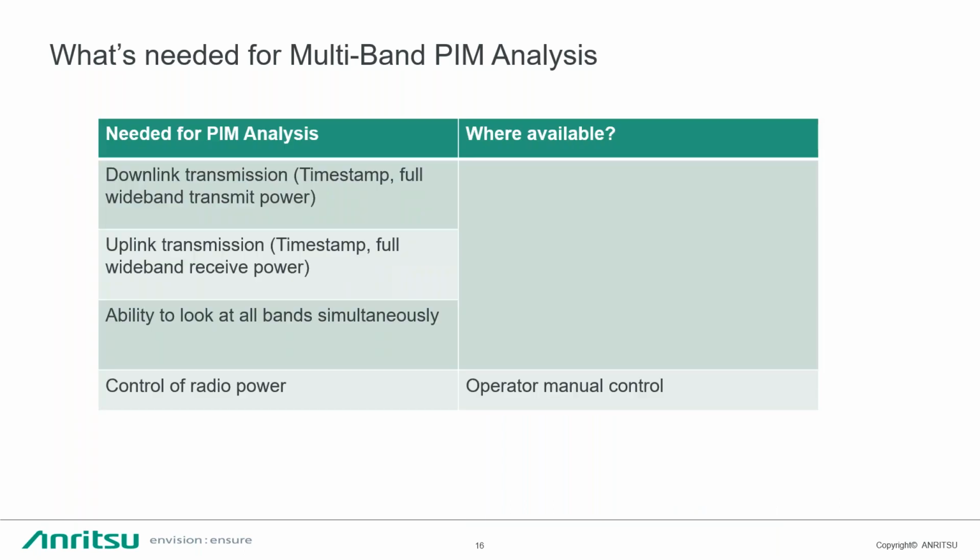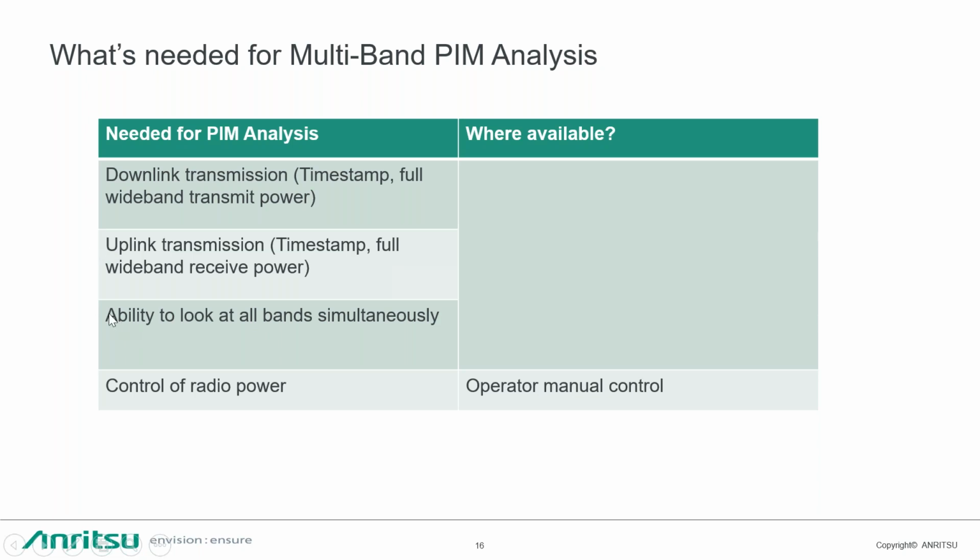What's needed for a multi-band PIM analysis, right? We want to analyze PIM, and we want to answer the questions of how to diagnose it. We need to know where the transmitters are, obviously, so we need to know the downlink transmission frequencies and the timestamps. We need to be able to look at the uplink and see how that reflection is coming back into the uplink.